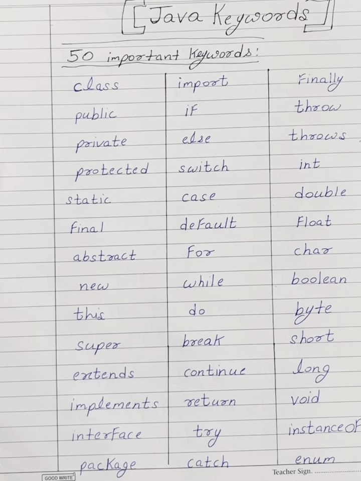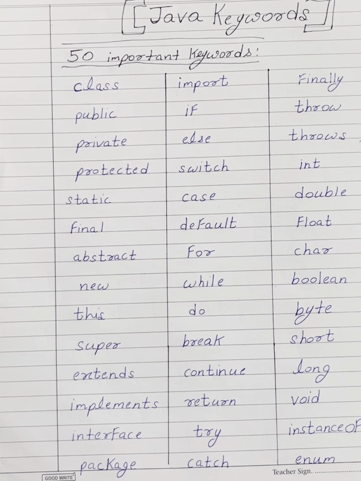Next is switch. This switch keyword is a multi-way statement, guys, which is used to execute one block of code from several available options. Instead of writing multiple if-else statements, a switch statement allows the value of an expression to be compared against different case labels.